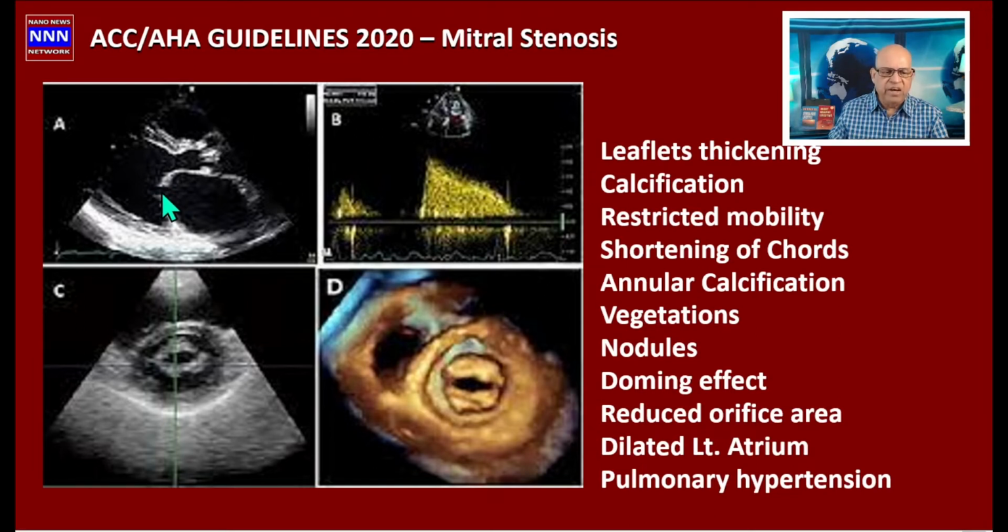So when we are doing a two-dimensional or a three-dimensional echocardiography, we need to put the probe right at the point where the mitral valve opening is the least or minimum, and we need to planimeter that area to determine the mitral valve area.